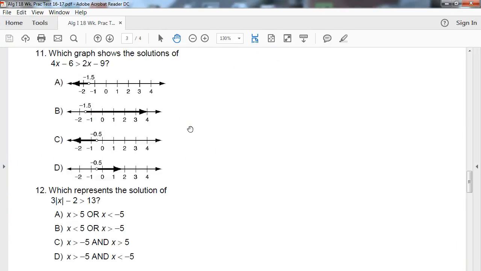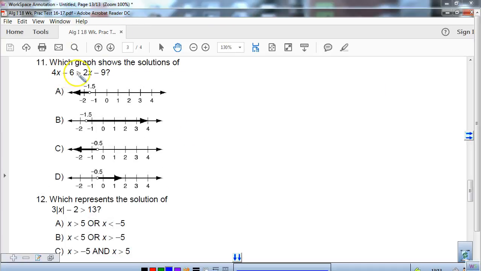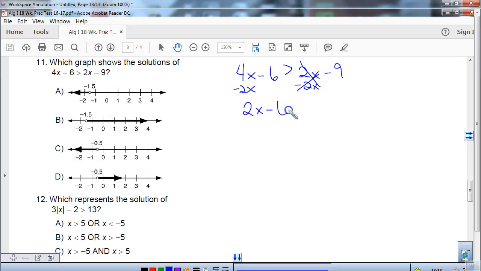Number 11, which graph shows the solutions of 4x minus 6 is greater than 2x minus 9? Now remember, with inequalities, we can solve them very much like we would solve an equation. If we've got variables on both sides, we can take the smaller one and move it over to be with the bigger one. Minus 2x from both sides would cancel this, and over here would leave us with 2x minus 6. And then we would solve this by adding 6.